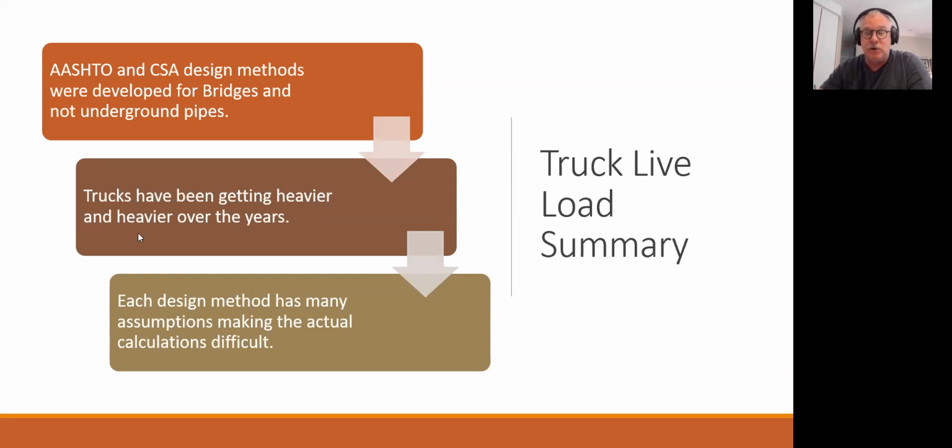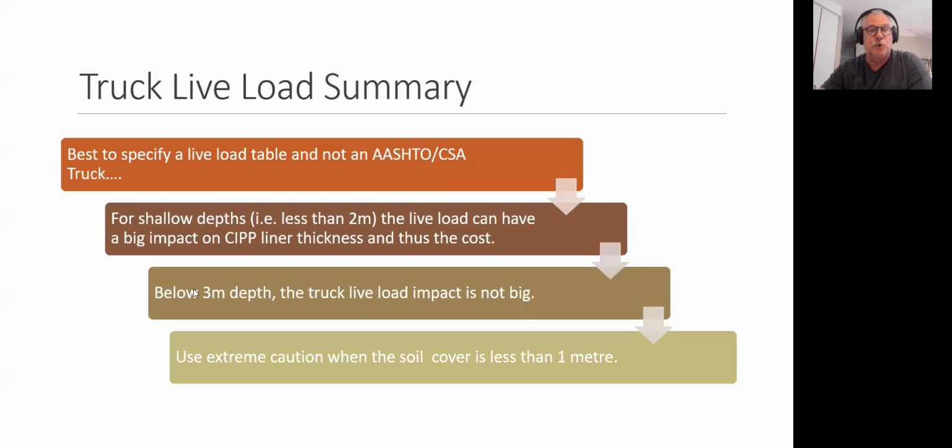So again, make sure that the truck you're going to be applying is representative of something that could possibly be on that road, and don't just pick the biggest and heaviest, because again, it's going to have a huge impact on your liner design and the calculation, and makes it much more difficult. As I say, specify a live load table.